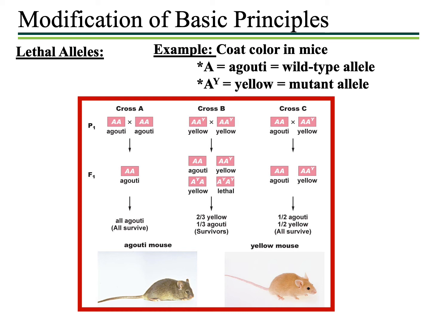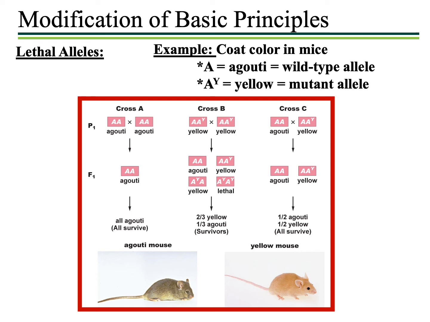So let's work through the examples. In cross A, if you have two individuals that are homozygous agouti, there's no question here that the offspring produced would also be agouti and all survive in this particular case.